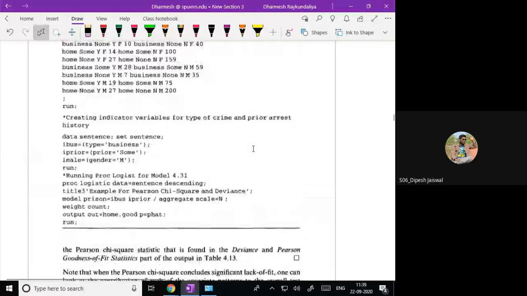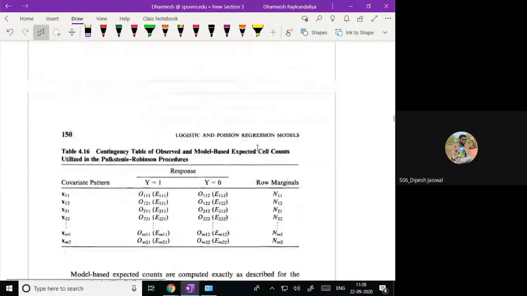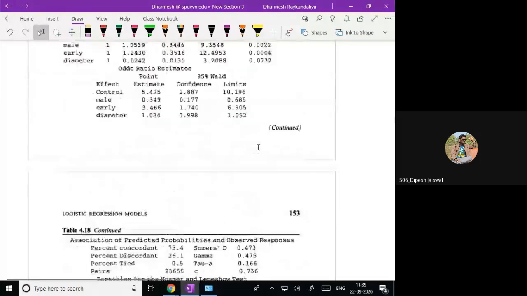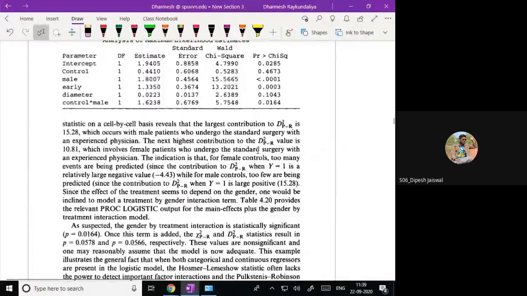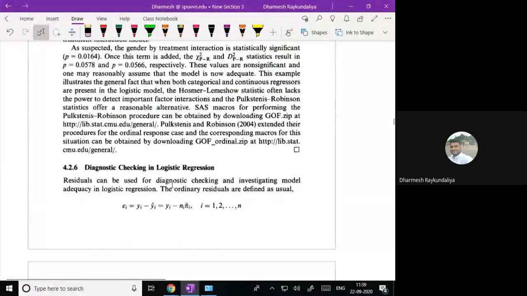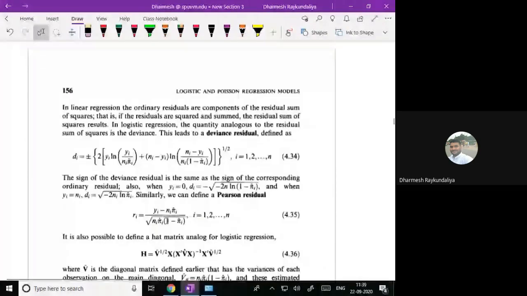Okay, the lack of fit is going to be discussed in the seminar, so I'll skip that part. And diagnosis checking I have also given in the seminar. So we will discuss it over there. I have already discussed it with you people.